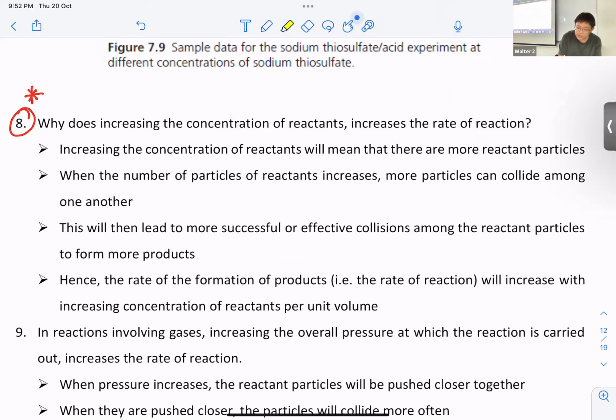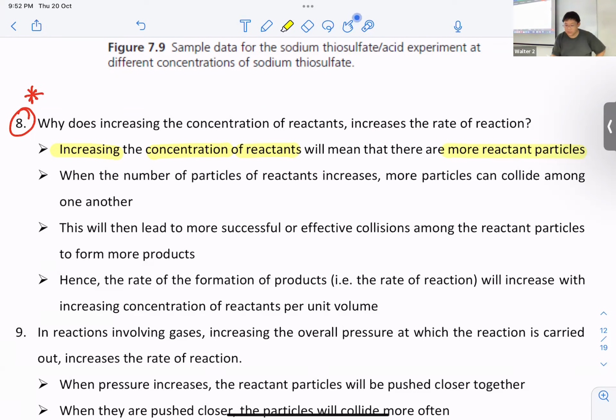By increasing the concentration of the reactants, you should have more reactant particles. Make sense? So when you have more reactant particles, there will technically be more collisions. If you have more reactant particles inside the same container, you should have even more collisions.